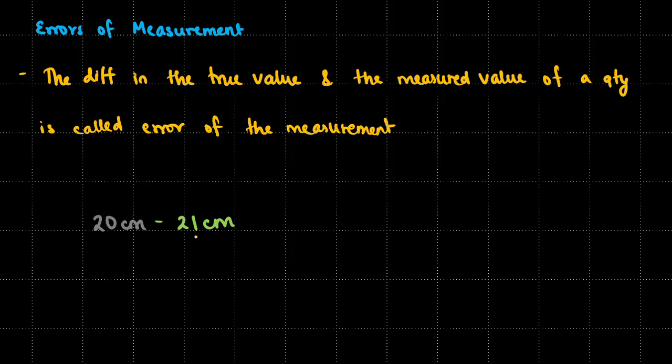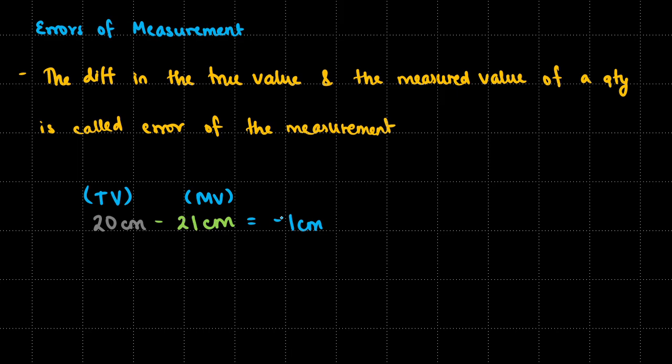Now subtracting the measured value from the true value, sometimes measured value is also written as observed value, this will give you minus 1 centimeter, which is our error.